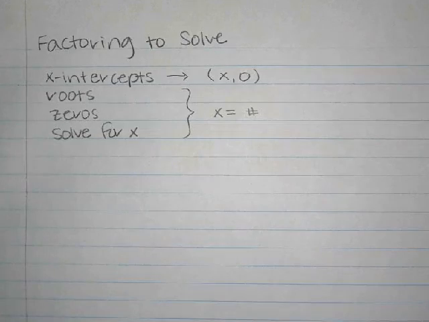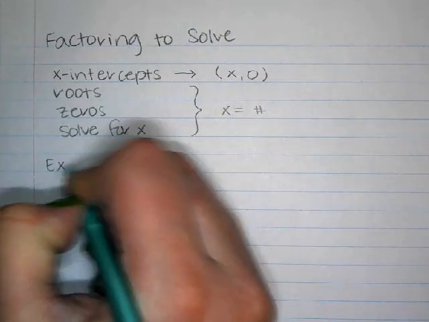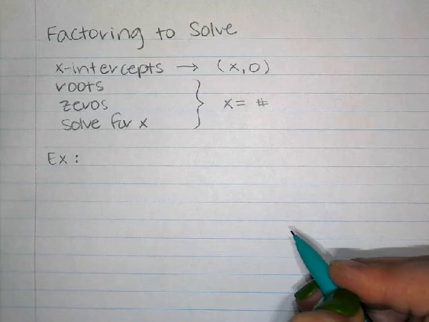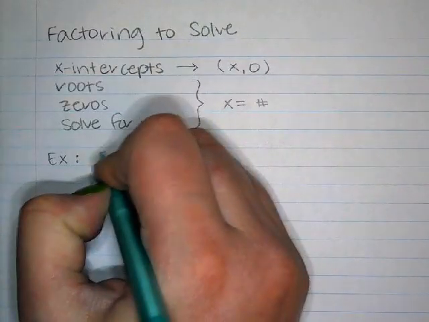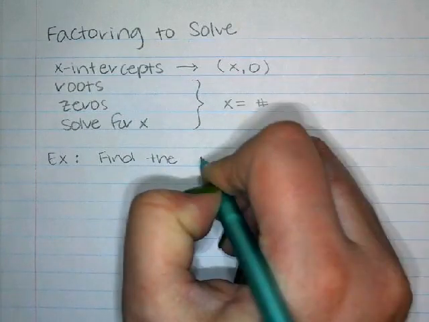All right, so when we factor to solve, we're just going to start off with a quadratic, and the instructions could have been anything. So they could have said, find the x-intercepts.